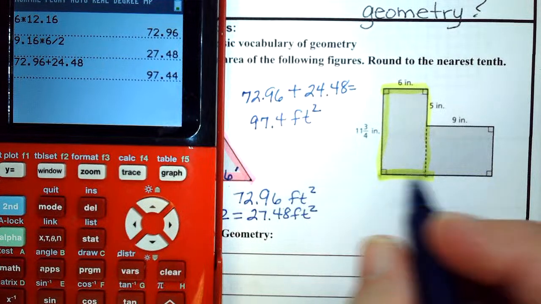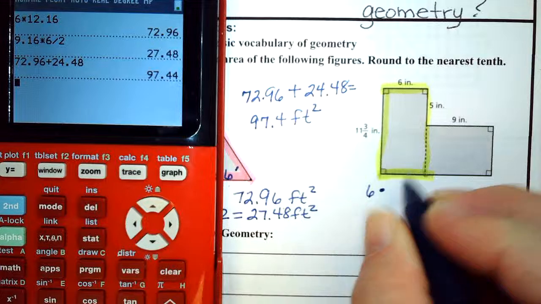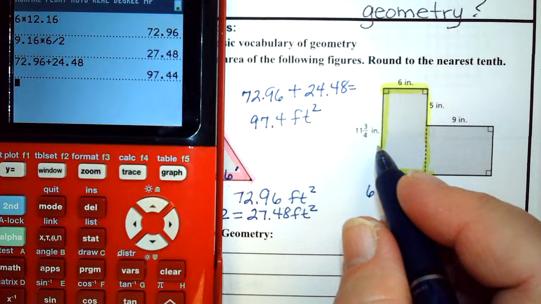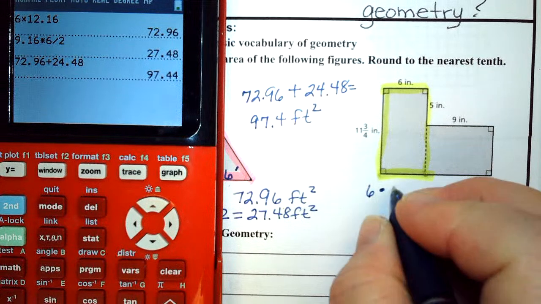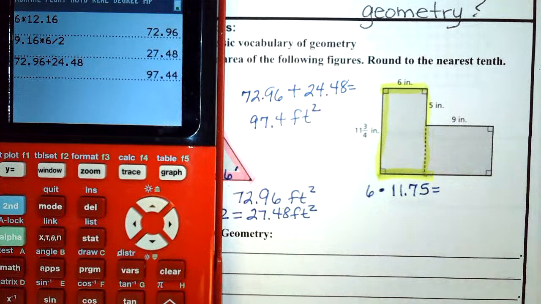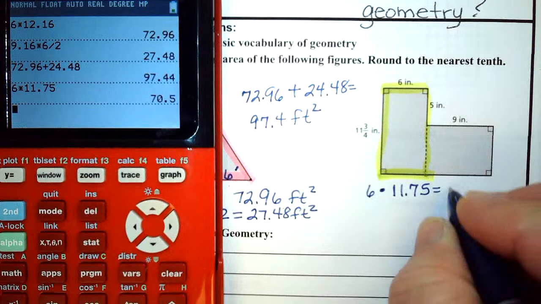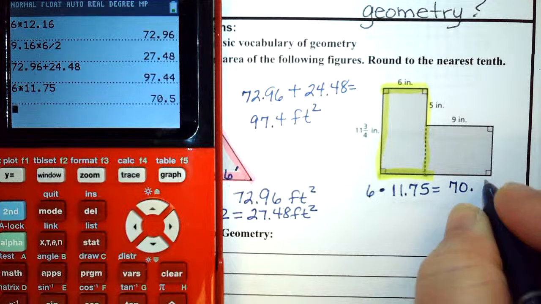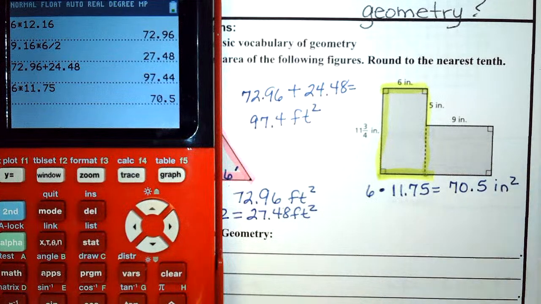So this would be 6 times... What would 3/4 be as a decimal? 0.75. Okay, so 6 times 11.75, and I end up with 70.5. 70 and 5/10, and that would be inches squared.